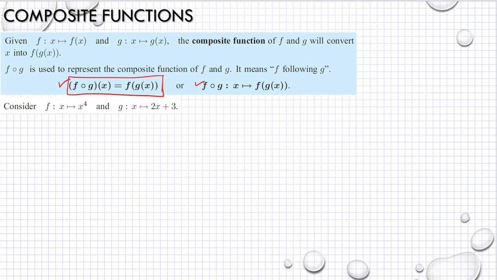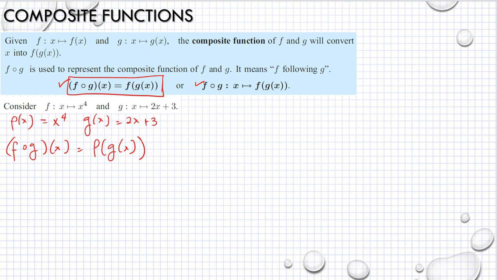Consider f of x is equal to x raised to 4, and g of x is equal to 2x plus 3. If we're going to find the composite function, that means we have f of g of x.